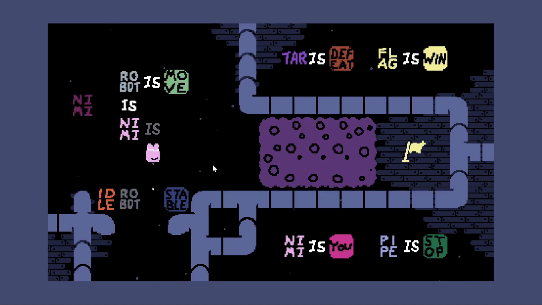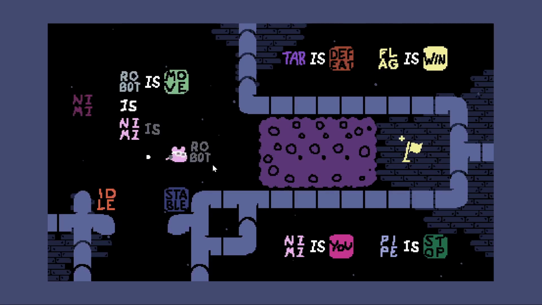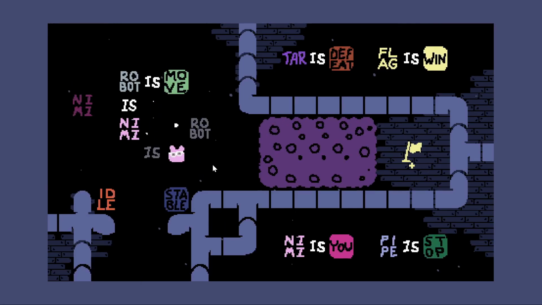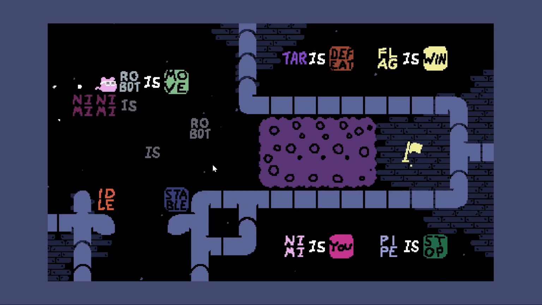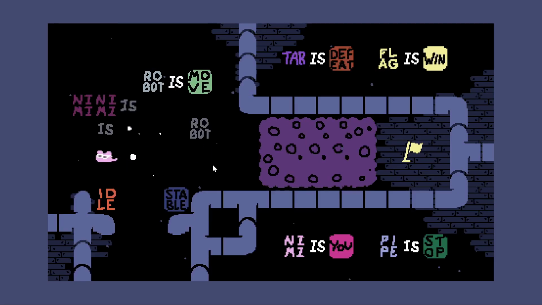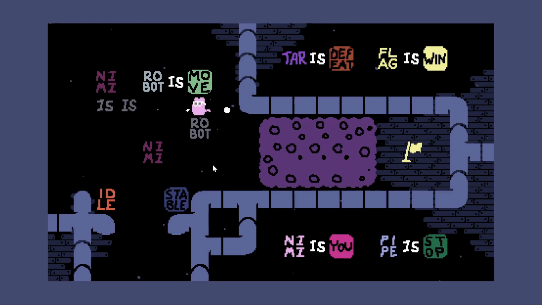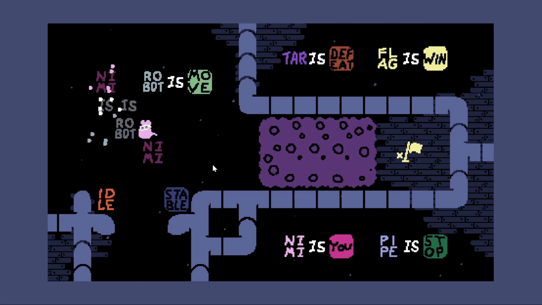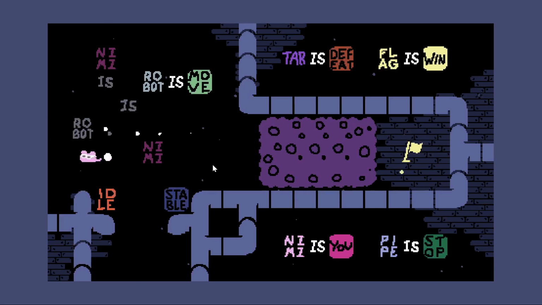Okay, good, I can get all this text out, which may imply a multi-step process. Can I become 2 things at once? Why would that be useful? I can do that to infinitely duplicate myself, but I can never have one robot and one Nimi at the same time. It's either everyone is robot or everyone is Nimi.